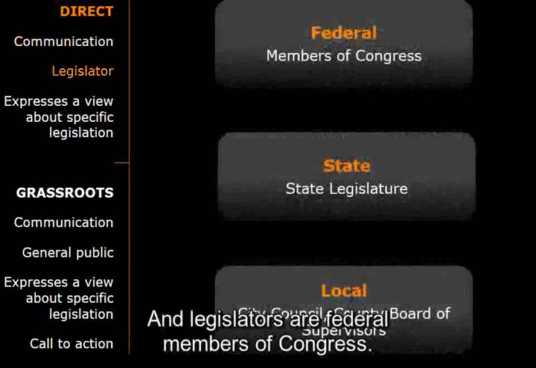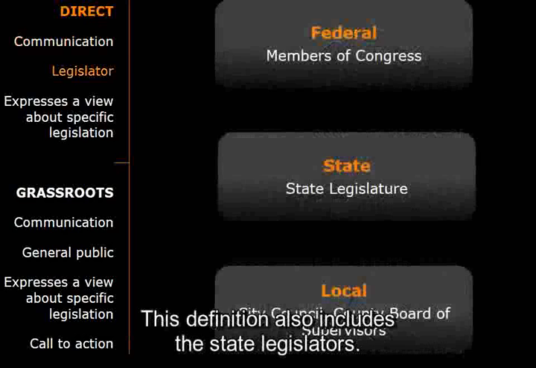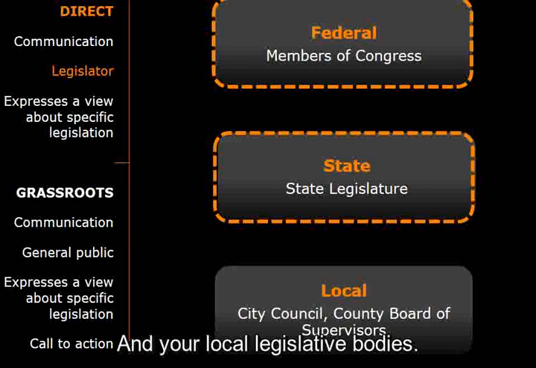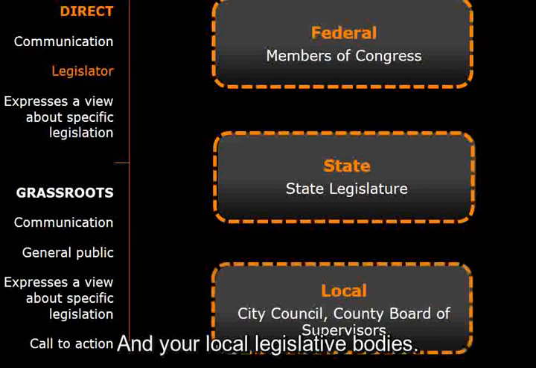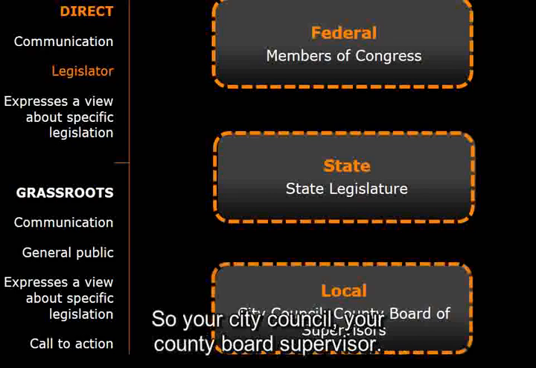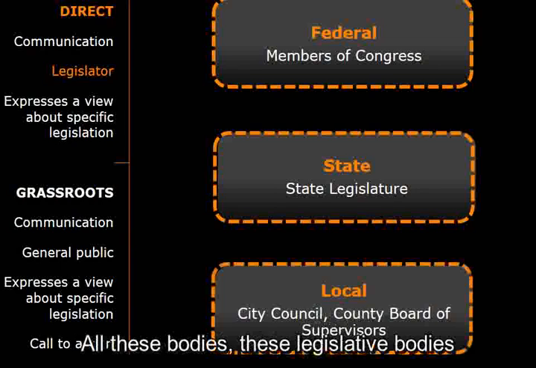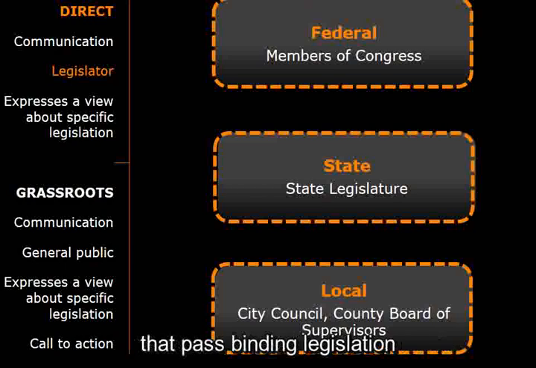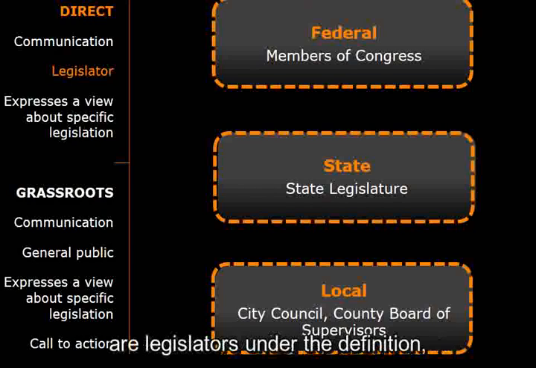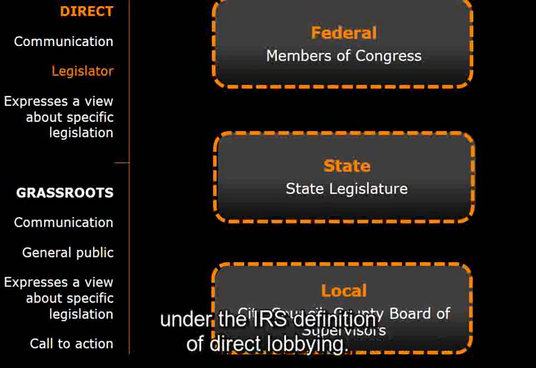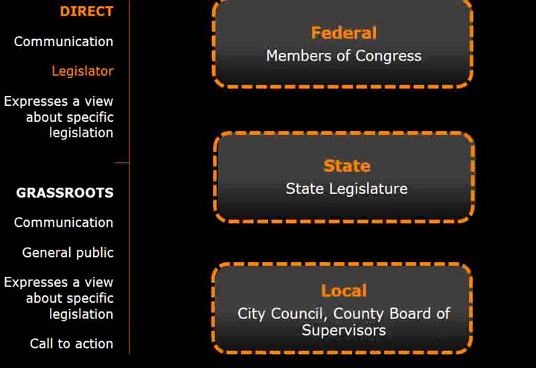And legislators are federal members of Congress. This definition also includes your state legislatures and your local legislative bodies. So your city council, your county board of supervisors, all of these legislative bodies that pass binding legislation are legislators under the IRS definition of direct lobbying.